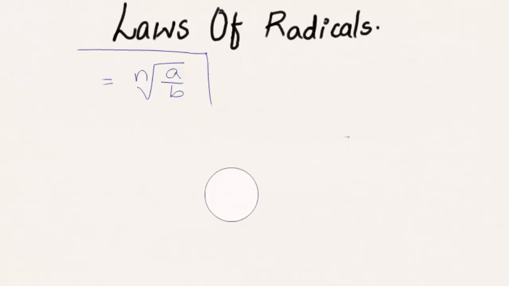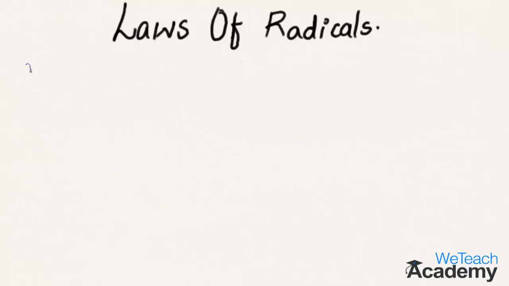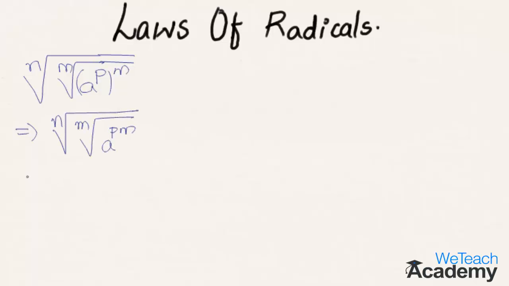Now at last let us consider the nth root of a raised to the power p, whole power m. So this can be written as the nth root of a raised to the power pm. Now let us solve the mth root of a raised to the power pm.